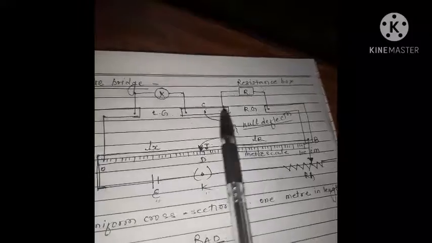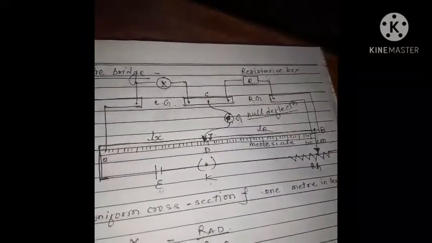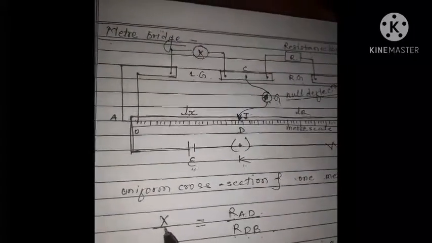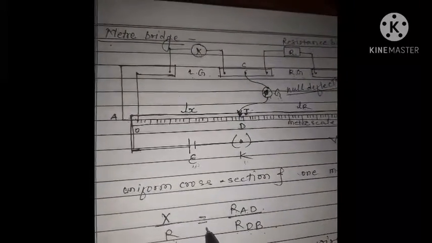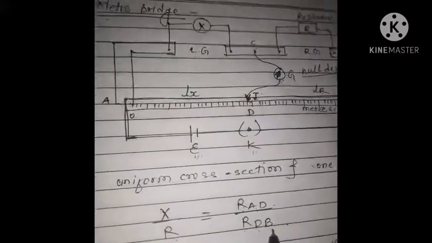Now, by using the balancing condition for the meter bridge, we can write mathematically X by R is equal to RAD by RDB.